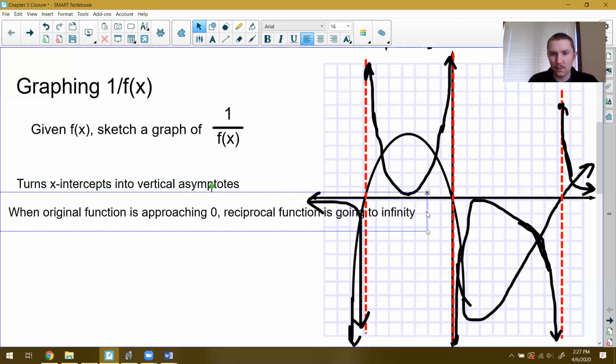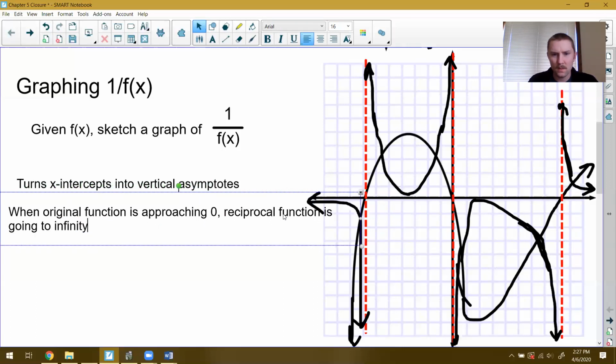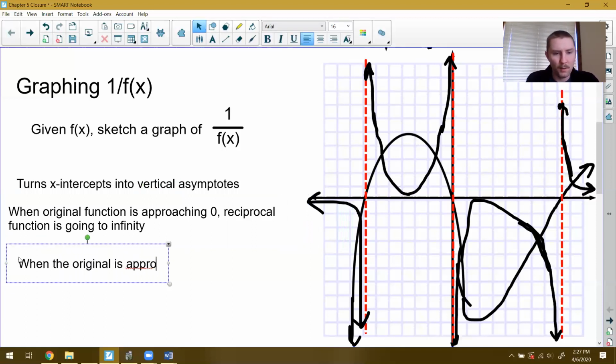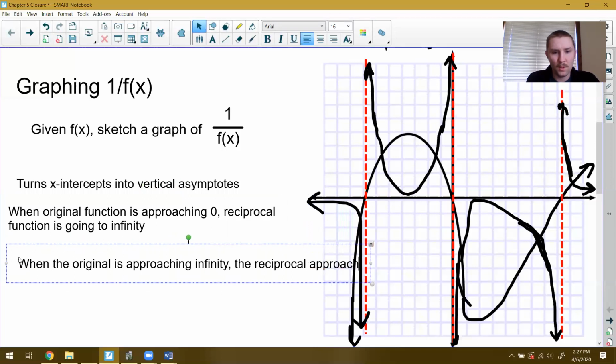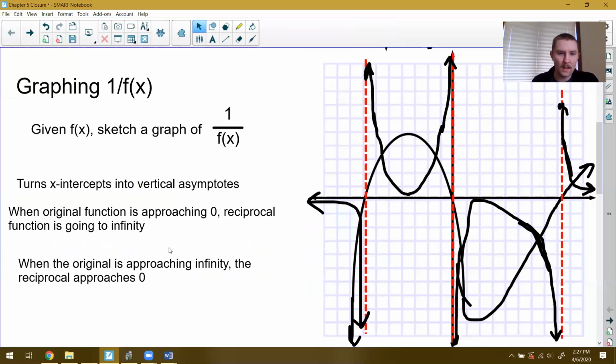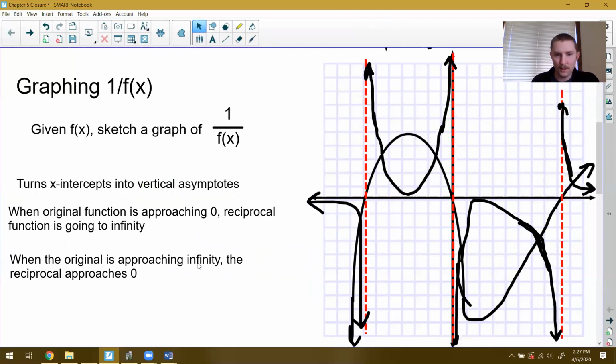And then the opposite is true as well. When the original is approaching infinity, the reciprocal approaches 0. Right, so that should help us get a pretty good sketch of any reciprocal function. Given a graph, we can graph its reciprocal function.